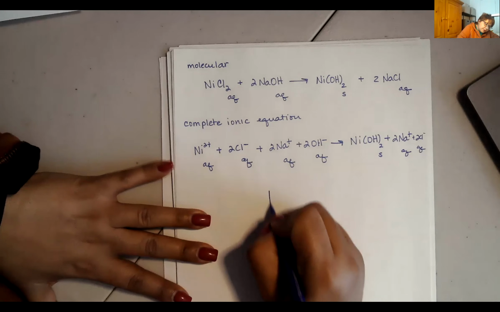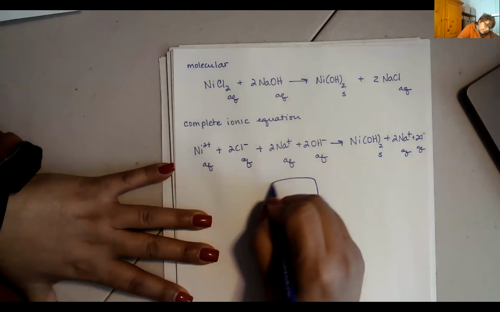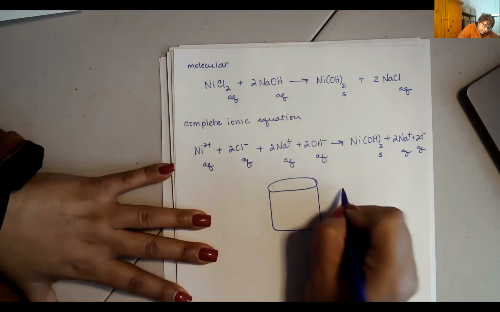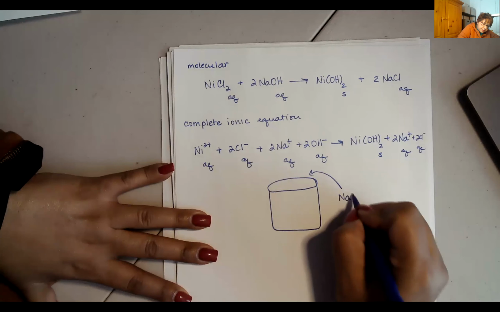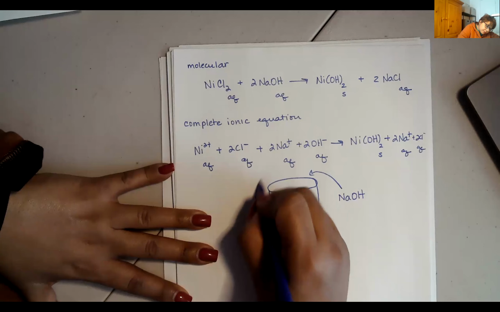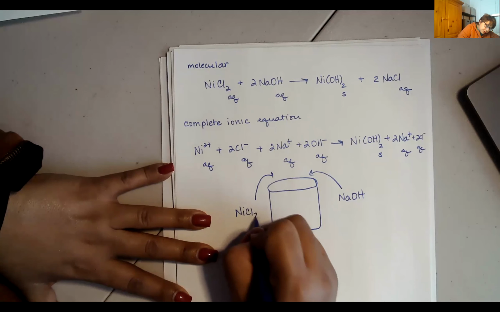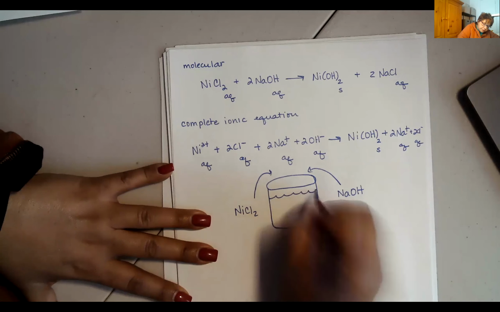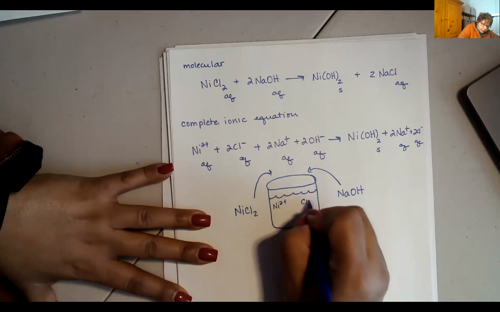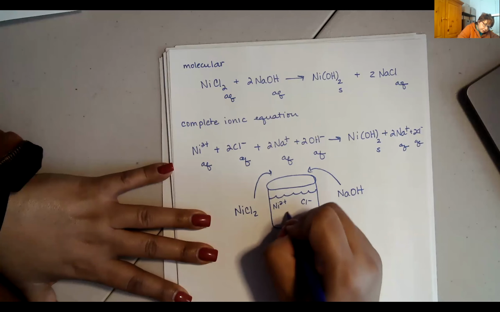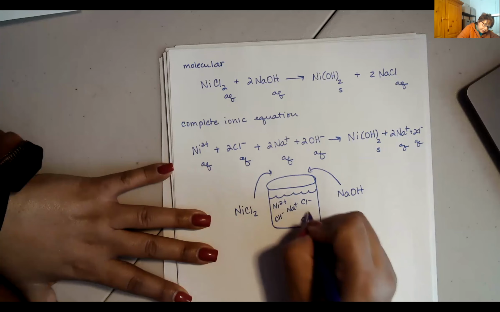So again, if you need a picture, if I was to pour in here some sodium hydroxide, if I was to pour in here some nickel 2 chloride, I would have a combination of nickel ions, chloride ions, sodium ions, and hydroxide ions.